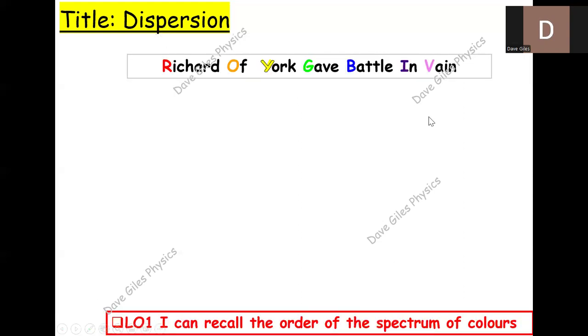And if we go back to the colours of the spectrum here, Richard of York gave battle in vain. So violet, which is the last colour, has got the shortest wavelength and highest frequency, whereas red has got the longest wavelength but the smallest frequency.